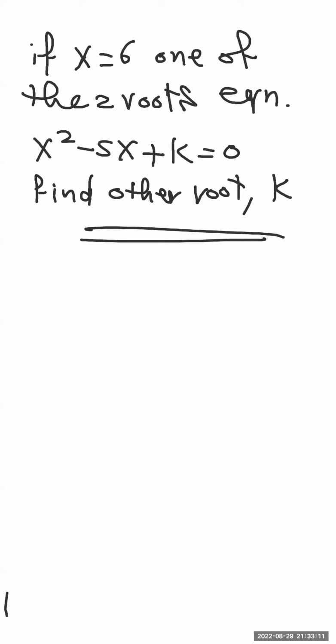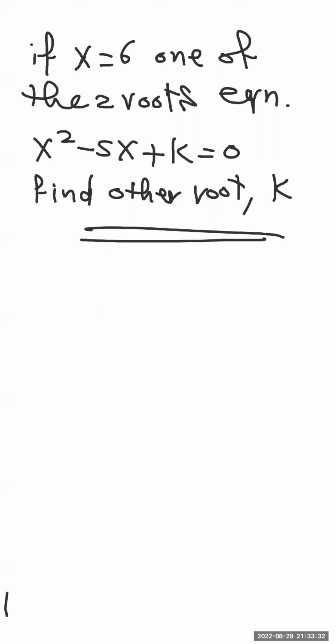Okay. So, am I supposed to use the product at first like the previous question? No. Why no? Because the product equals k over 1. I don't know k, I don't know the other root. So I will not solve this question this way.